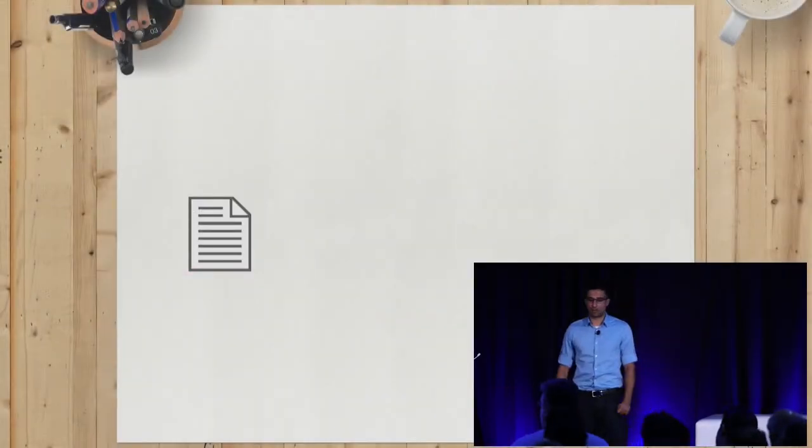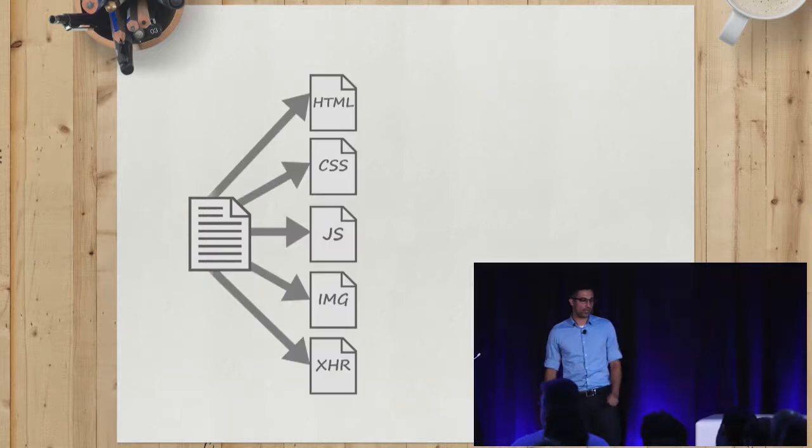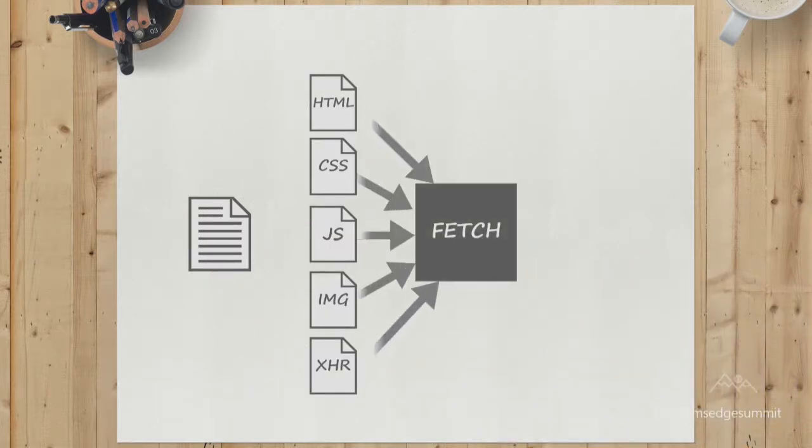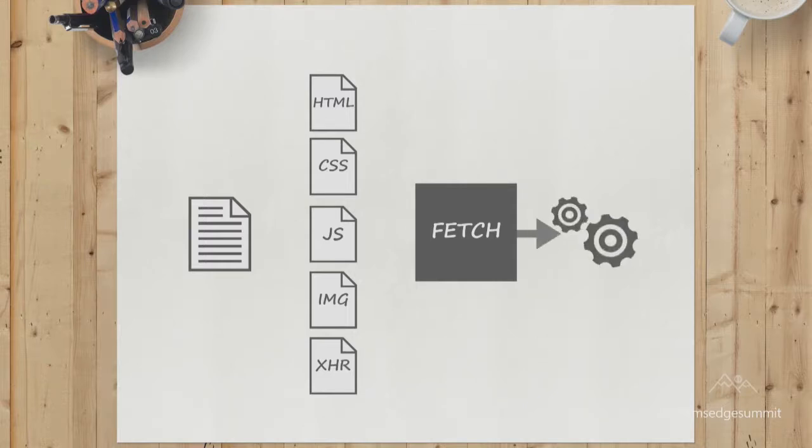So again, back to our model here, where we are going through to get all of our resources. We're going through fetch, but we're not done there yet. We need to do something else to really give you control. And the best idea here is to have some sort of worker, something that could basically give you the request from that fetch and pipe it through to there. And you may be thinking web workers, but I'm thinking something even different.